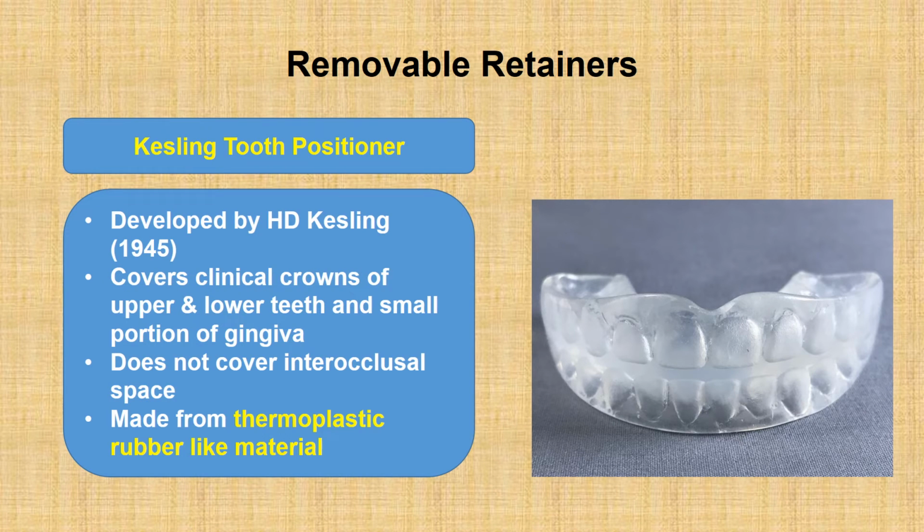Now, the Kessling tooth positioner was designed by Kessling in 1945. It covers all the clinical crowns of the upper and lower teeth and a small portion of the gingiva. It does not cover the interocclusal space. It is made from a thermoplastic rubber-like material.